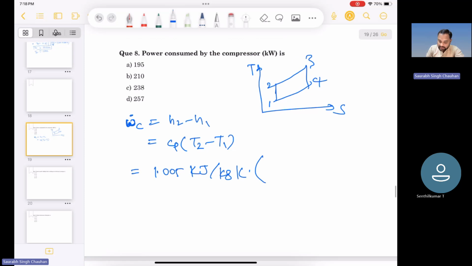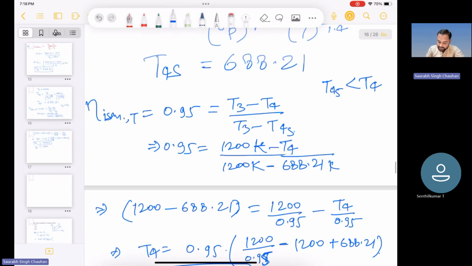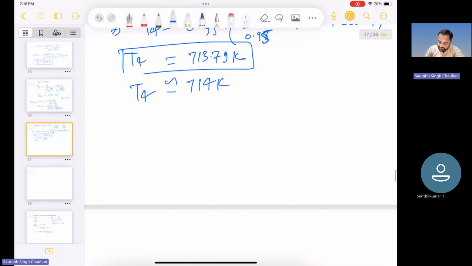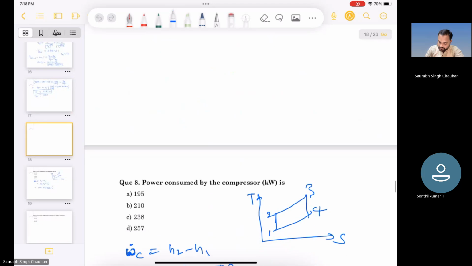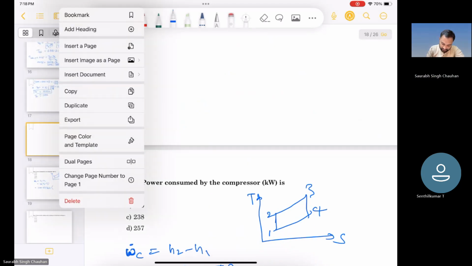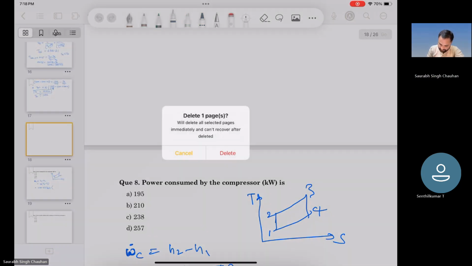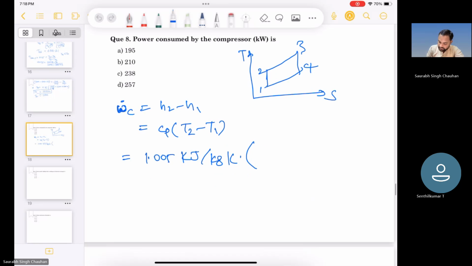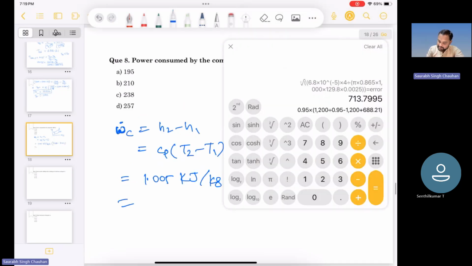Temperatures, we have already got T2, 566, minus 310 Kelvin. So you can easily calculate this value.